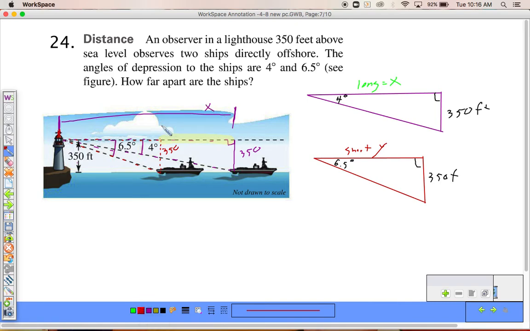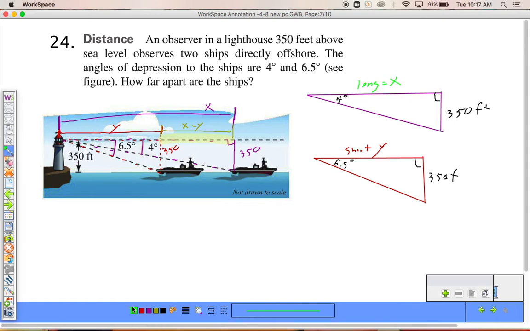From here to here is my y distance. And what I'm looking for, which is this, is going to be x minus y. So I'm going to find those adjacents on both of these. And once I find those adjacents, I'm going to subtract them, and that's going to give me what I want.